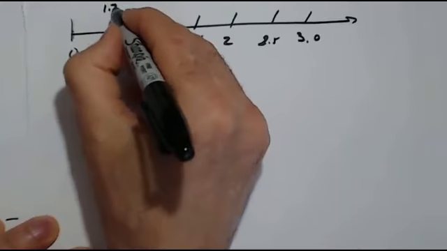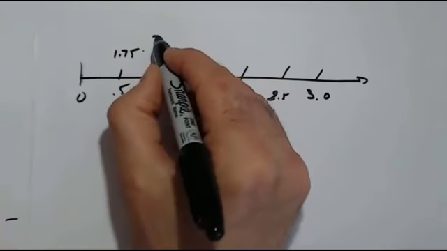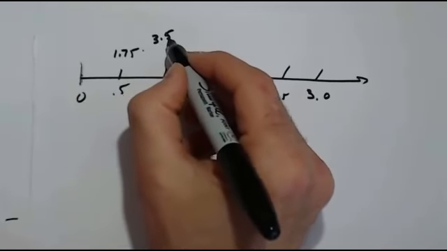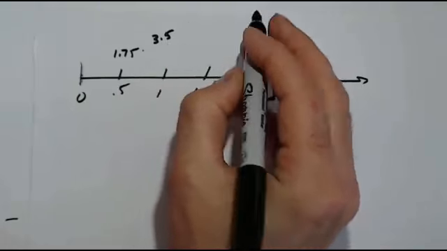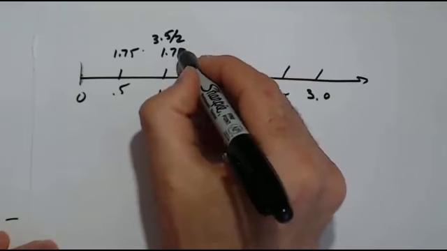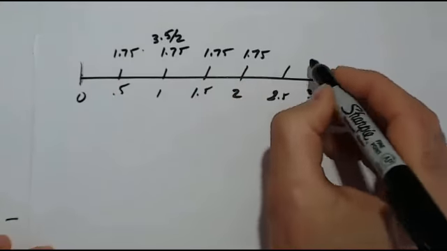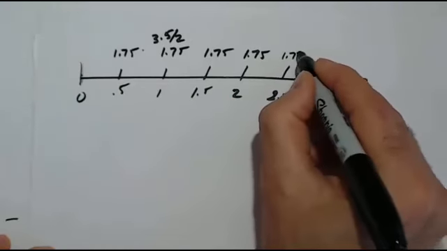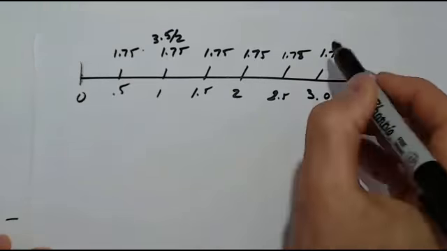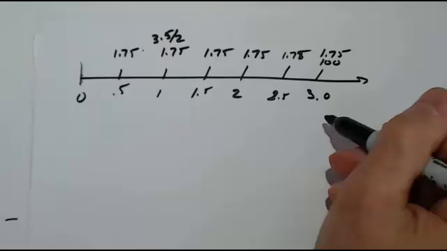I'm going to get $1.75. How did I calculate that? I'm going to get $3.50 for every $100 par value, divided by 2 is $1.75. So a 3.5% coupon on a semi-annual basis is $1.75. And plus, don't forget, I'm going to get $100 at the end of the 3 years.